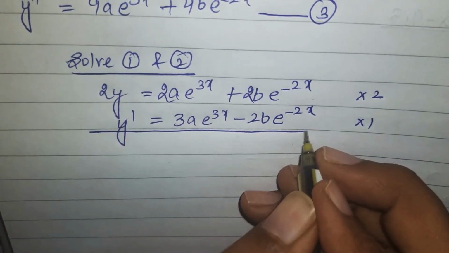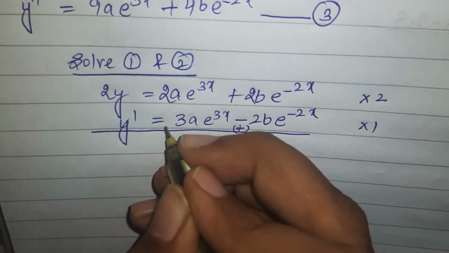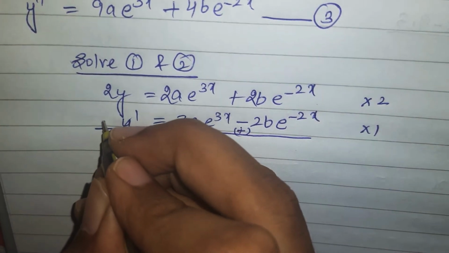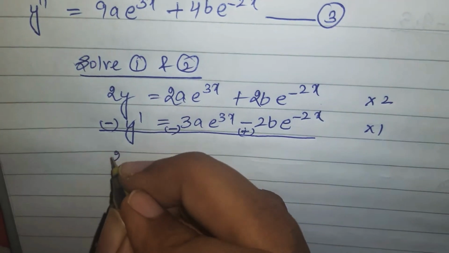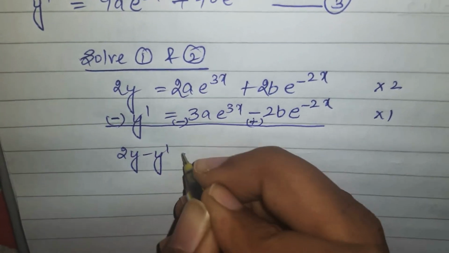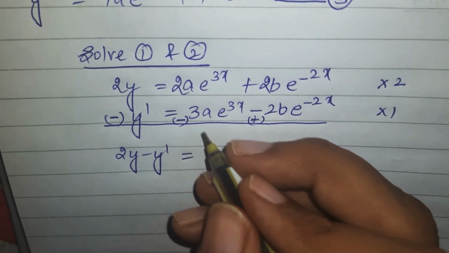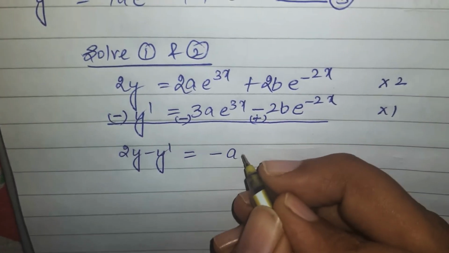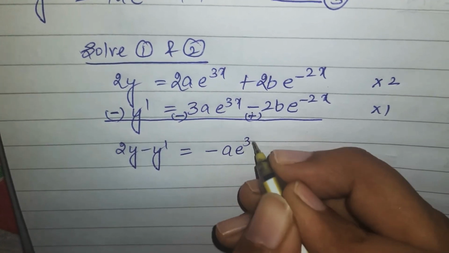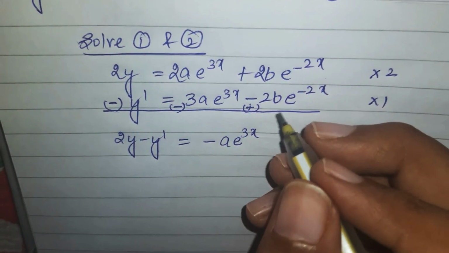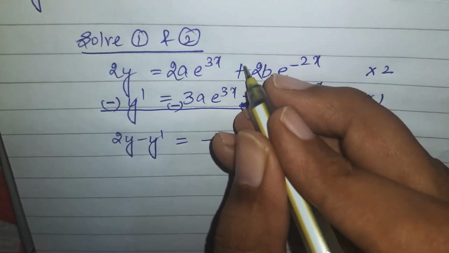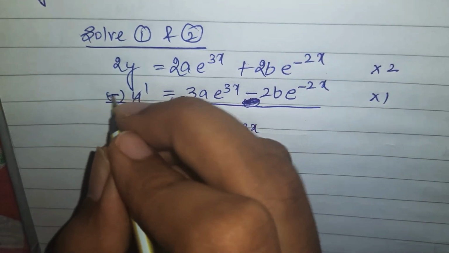So while subtracting, this is minus sign and this is also minus sign. So 2y minus y dash, 2a minus 3a. So I am getting minus a e raised to the power 3x, and sorry, this is plus minus, so I need not subtract.